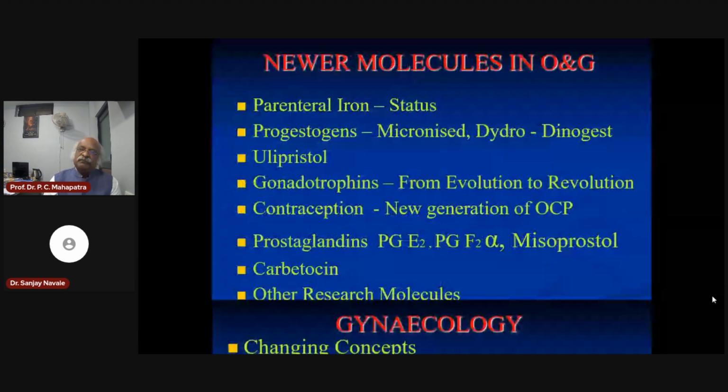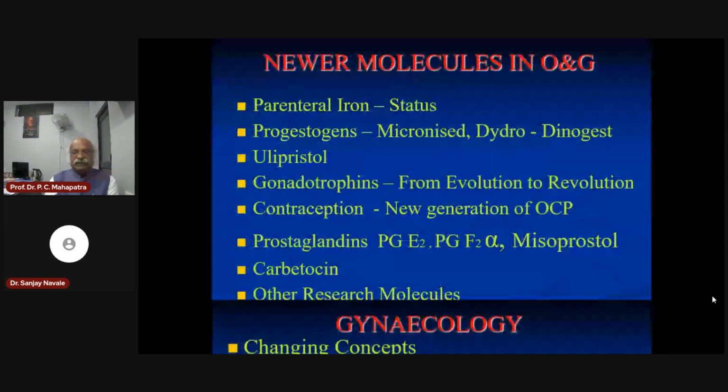But it has some serious side effects also. Then the newer, safer drug, ferric carboxymaltose, FCM, has come out. If you compare the side effects, I've done studies where there were 6% side effects with iron sucrose, whereas 0.6% with ferric carboxymaltose. And therefore, ferric carboxymaltose has almost replaced iron sucrose.